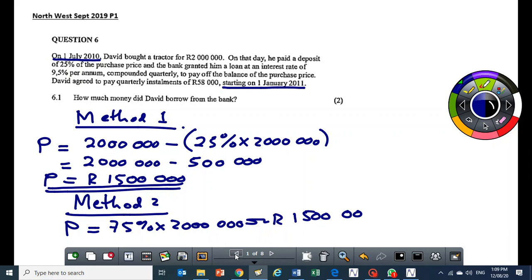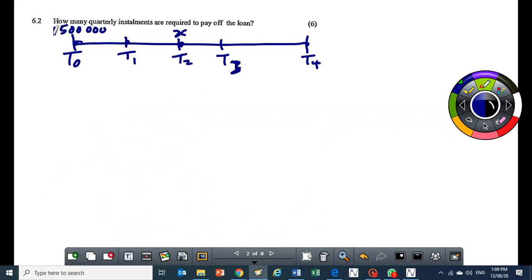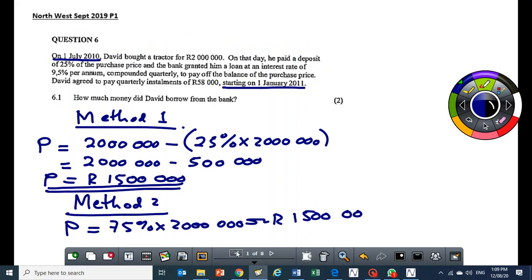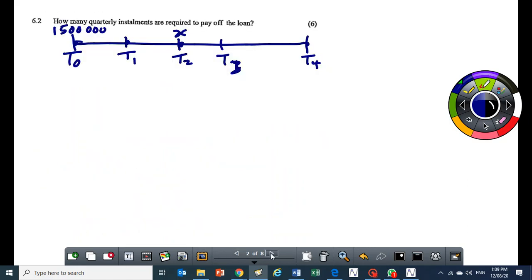Now it's very important for you to know that the question asks how many quarterly installments, so we want to get N. It means we are going to use the compound interest formula.